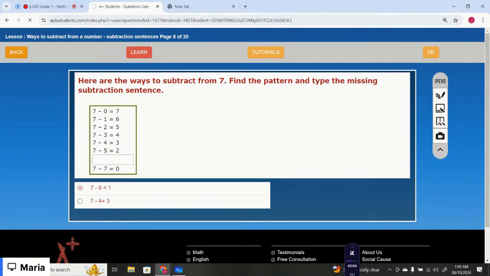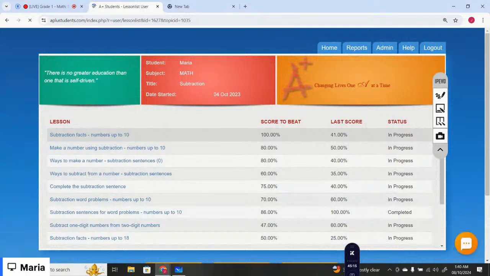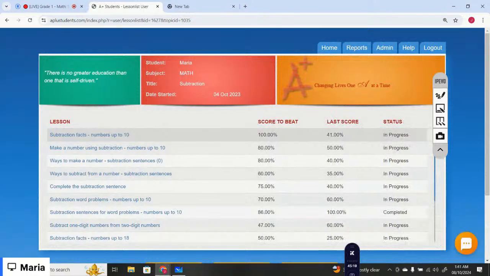Okay, you can complete the lesson by yourself later today. So, we were working on grade 1 math. Chapter we were working on is subtraction.